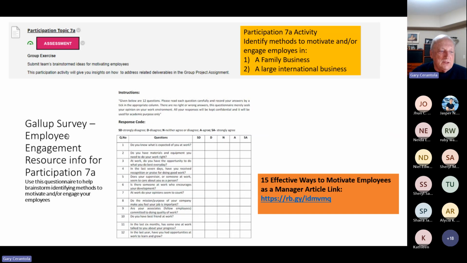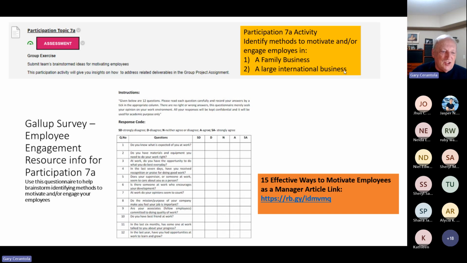So let's talk about participation topic 7A, which has 2 deliverables. If you look at the orange here, you can see that you need to identify methods to motivate and/or engage employees in 1, a family business, and 2, a large international business.